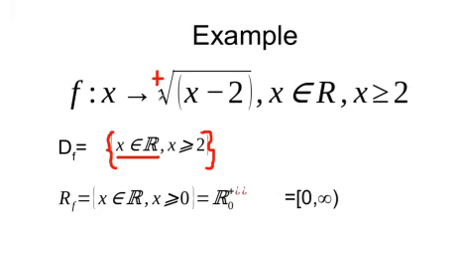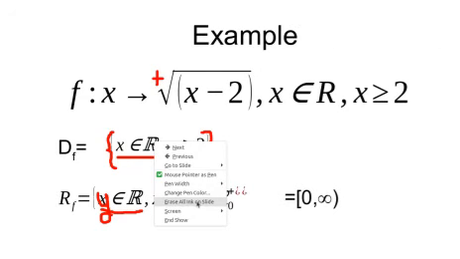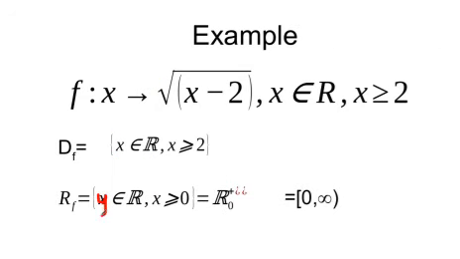So this would definitely give you a positive value. Therefore the range should also be a real number, but I'm sorry, this is wrong. This should be y. Y is a real number, but y should be larger than 0, right?